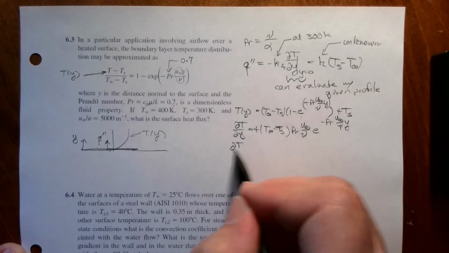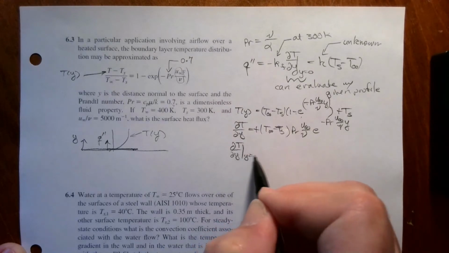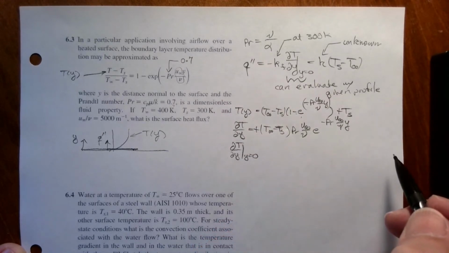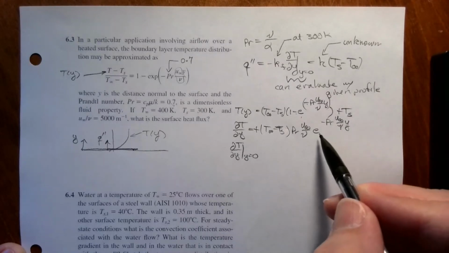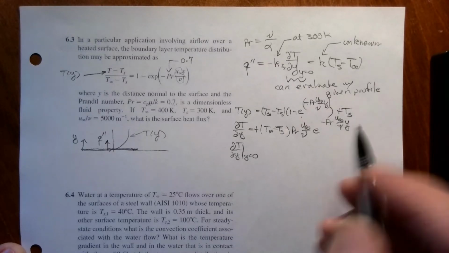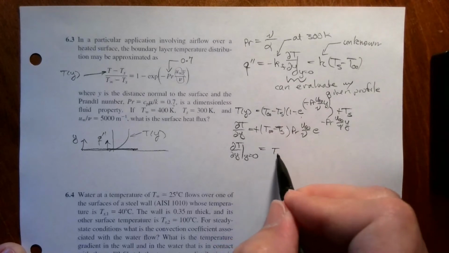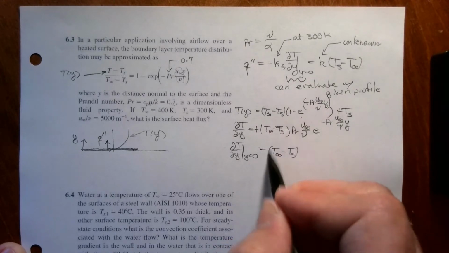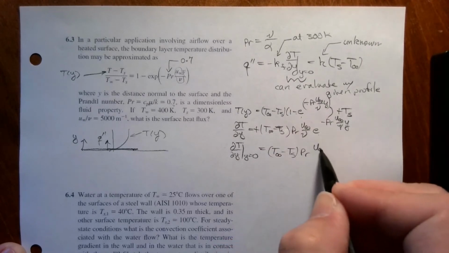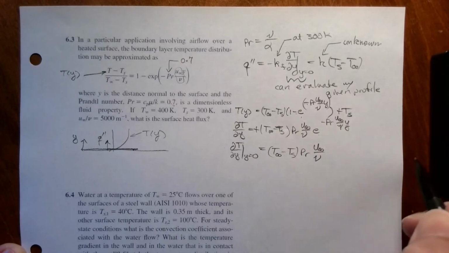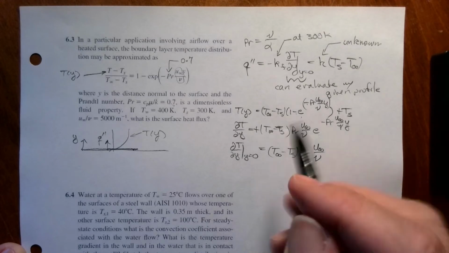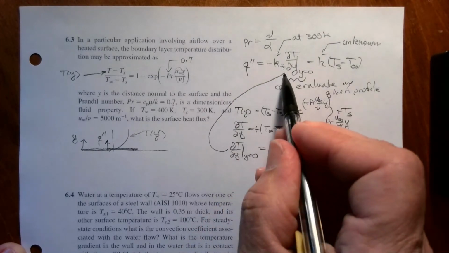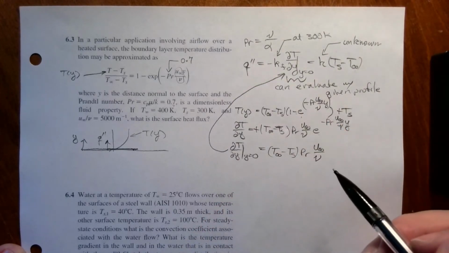Okay, now evaluate that at Y equal to 0. If I put a 0 at this location, anything to the 0 power is 1. So this is now equal to T ambient minus Ts times Prandtl number U ambient over nu. Right, so just the constant values. So that actually now can go in place right there.